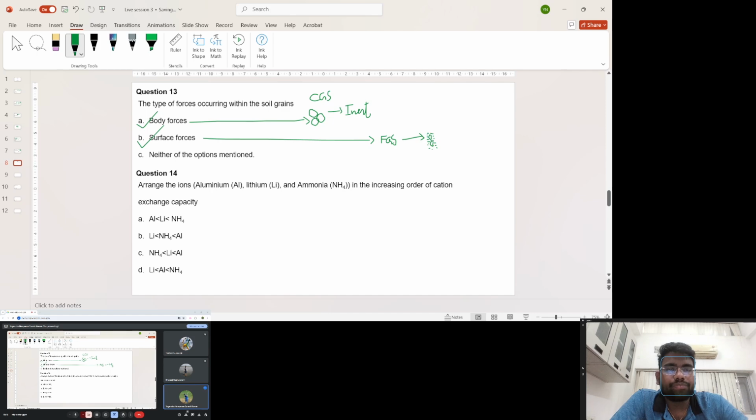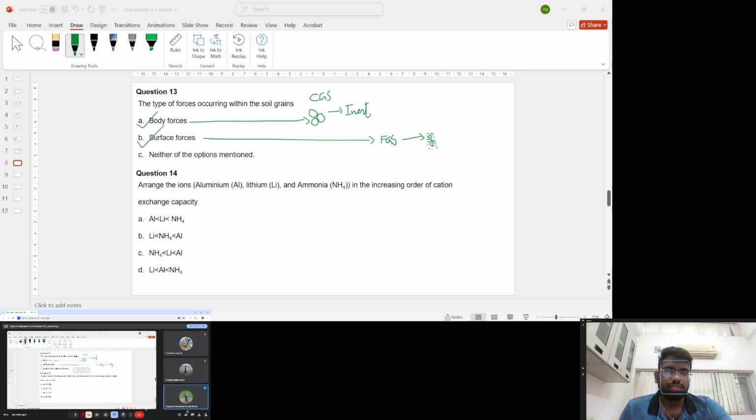So in this case, what type of force occurs between these two grains? Either it will attract or it will repel.